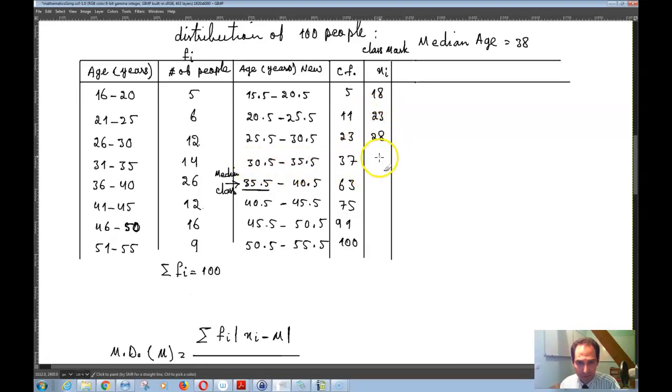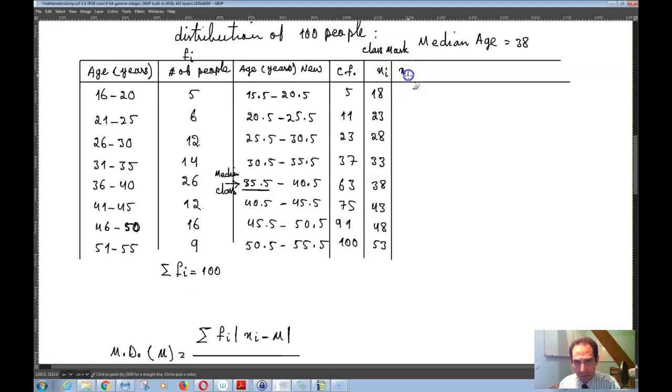And that's 66, 33. 28 plus 5 is equal to 33. Then you'll get 38. Then you'll get 43, 48 and 53. So these are now your x of i's.